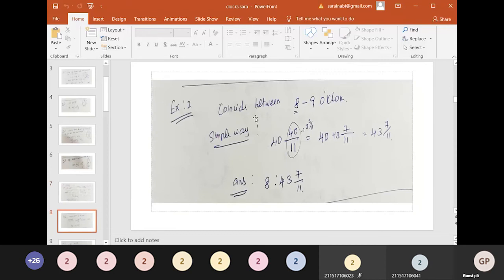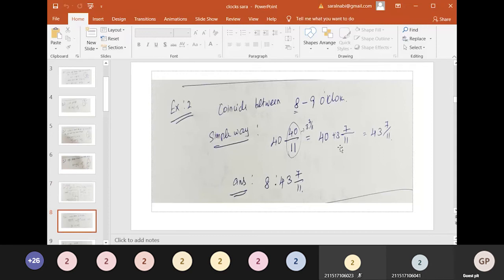So find out the coincide time between 8 to 9 o'clock. Okay, 8 to 9 o'clock, at what time both the hour and minute hands coincide, that you have to answer now. So as a simple way, we can consider now 8. So 8 into 5, 40, right? So 40 into 40 by 11, you write it.